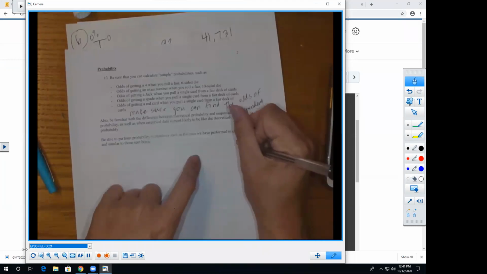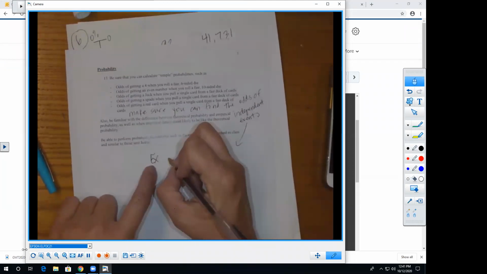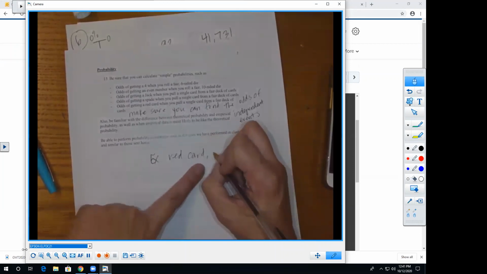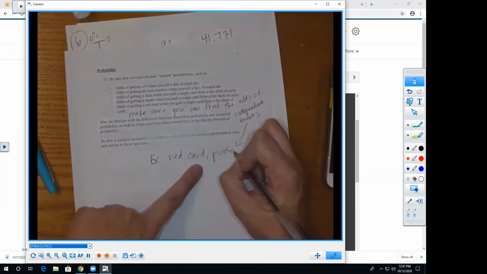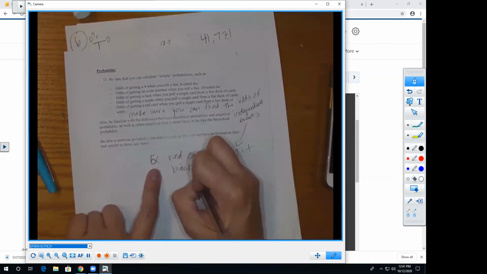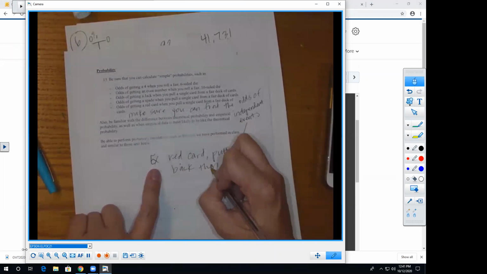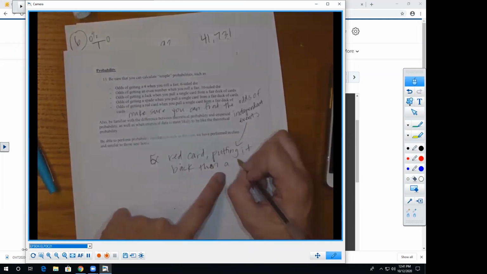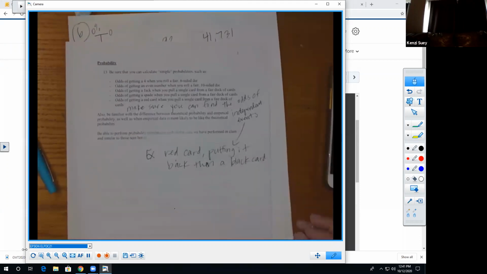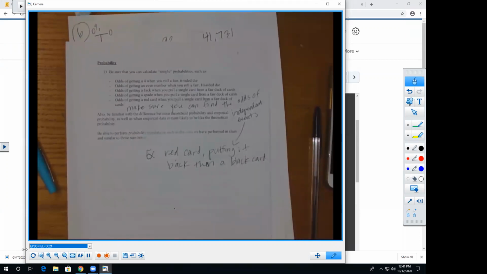For example, the odds of drawing a red card, putting it back, then drawing a black card. Or what's the odds of drawing a king, putting it back, and then drawing a jack, or a face card and a number card or something like that.